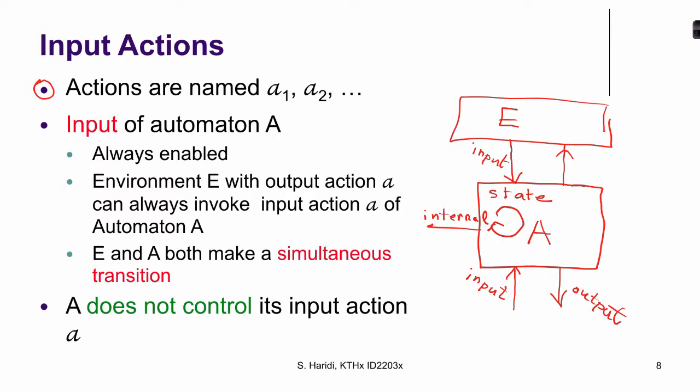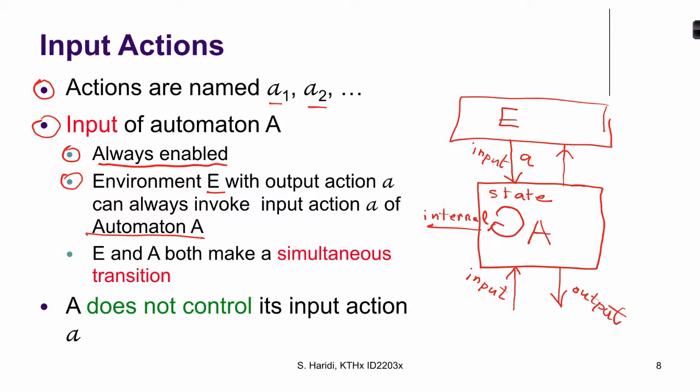Actions are named a1, a2, etc. And the interesting thing about an automaton A is that input actions are always enabled. In a sense, an automaton A cannot control its environment. So the environment E will output an action a, which can always invoke an input action a in the automaton.